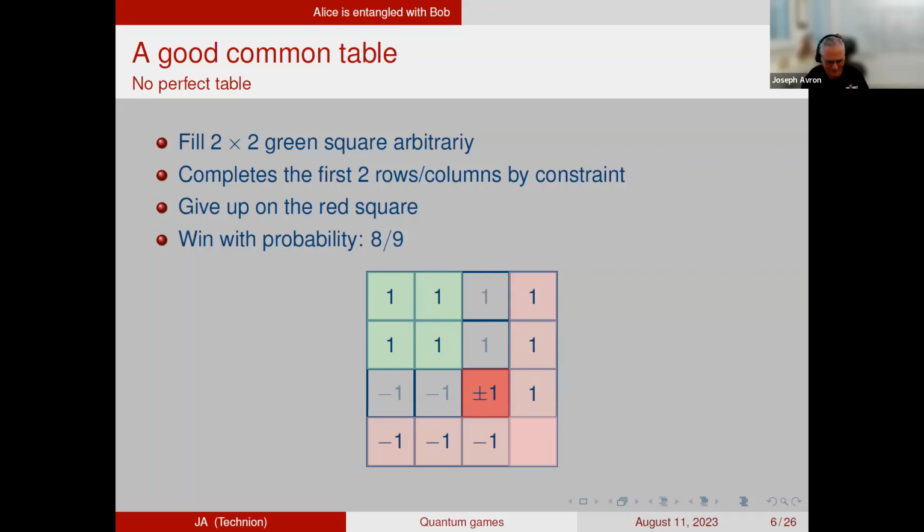Isn't it analogous or similar to the so-called Sinkhorn algorithm? I didn't understand the question. Can you repeat it? Is it analogous to the so-called Sinkhorn algorithm, S-I-N-K-H-O-R-N, that alternates between rows and columns operations?